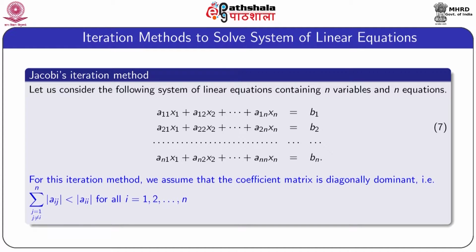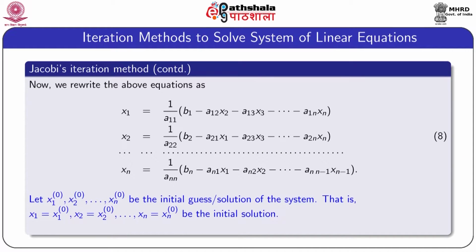That means the summation over j equal to 1 to n, j not equal to i, of the absolute value of aij is strictly less than the absolute value of the diagonal element aii, and this condition should be satisfied for all values of i equal to 1 to n, or the summation over i equal to 1 to n, i not equal to j, of the absolute value of aij is strictly less than the absolute value of ajj for all j equal to 1 to n.